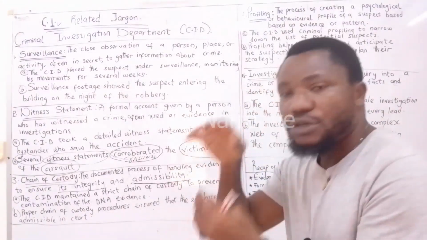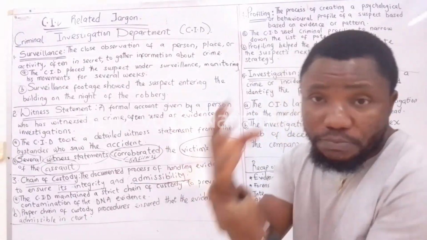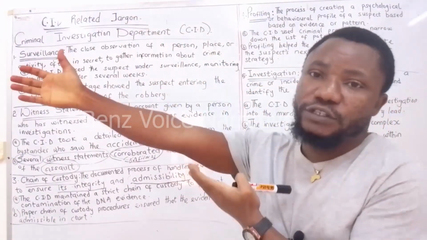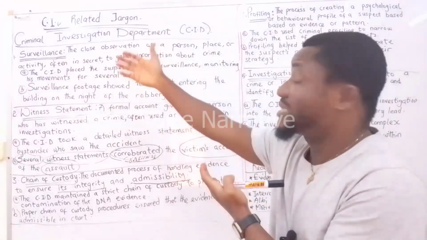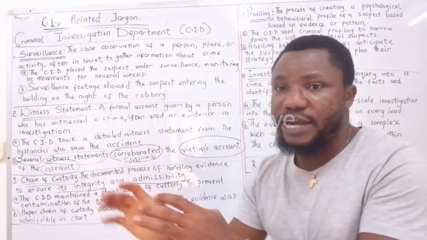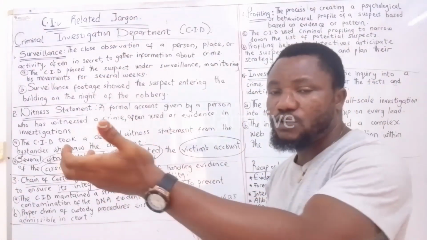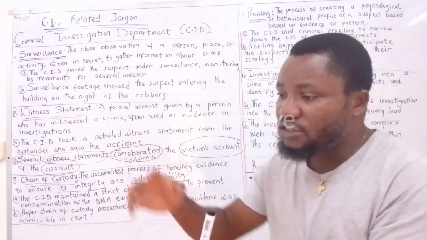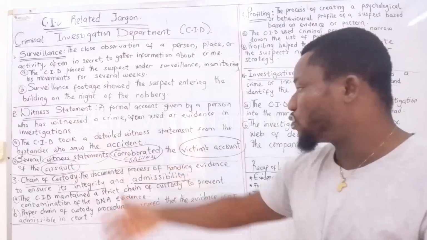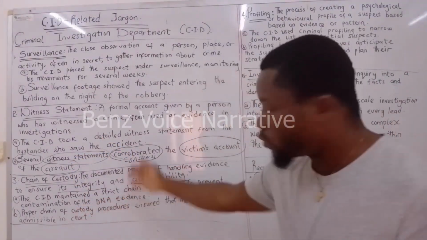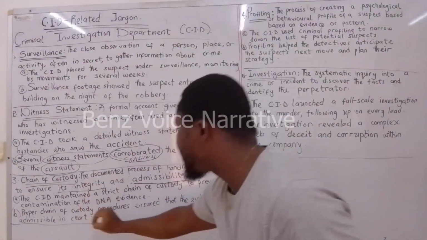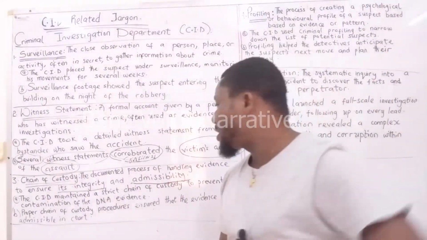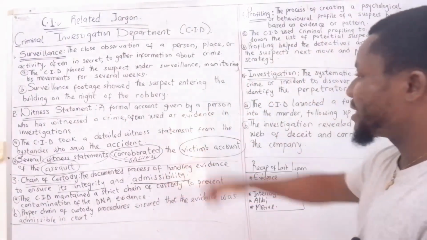Now what you do is you put on your hand gloves, you pick the exhibit, which is the evidence, and then you take it to the police or detective evidence room. You keep it in there. Then once it's needed at the court of law, in the same manner, with your gloves on, you pick up this evidence and present it before the court of law. So that's what this example is talking about: that proper chain of custody procedures ensure that the evidence was admissible in court. So that is the end of that.